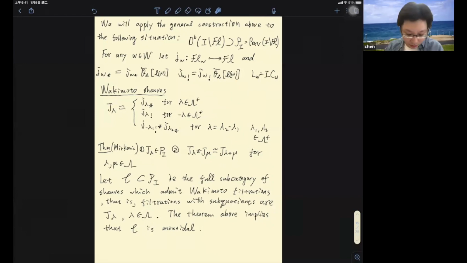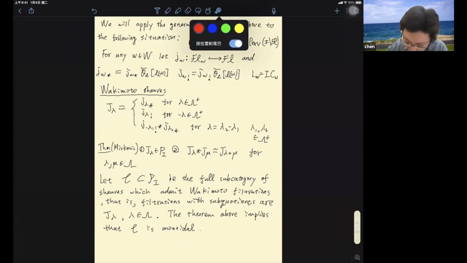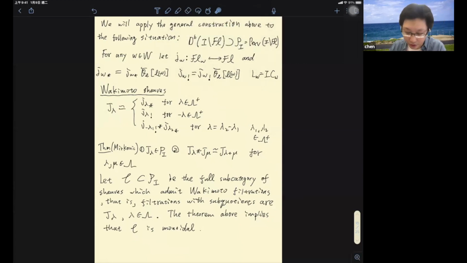So now the second part will apply the general constructions in the first part to the following situations.